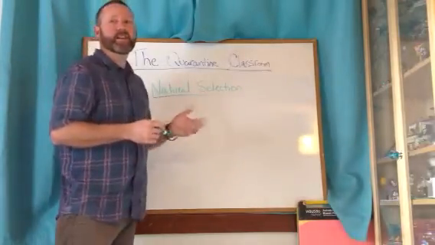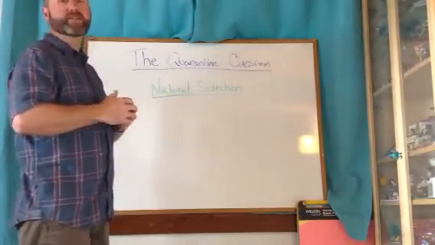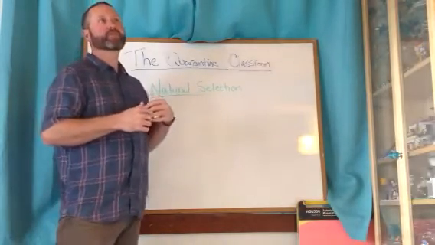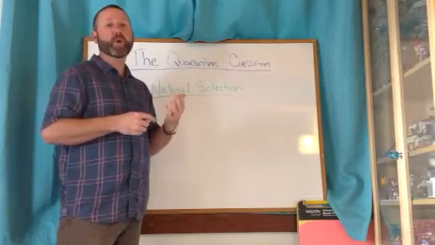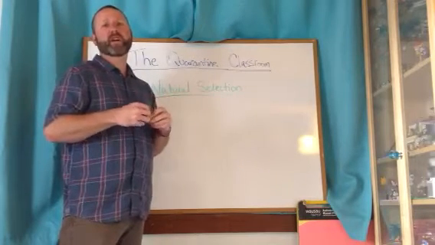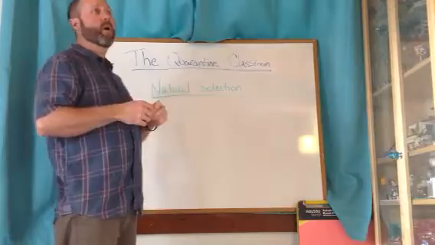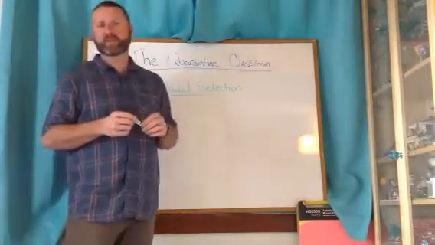So in essence, natural selection is that ability to reproduce more and survive longer because of its adaptations. Now, why did we discuss mutations first, right?